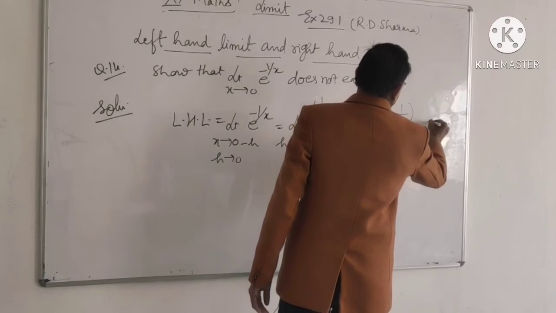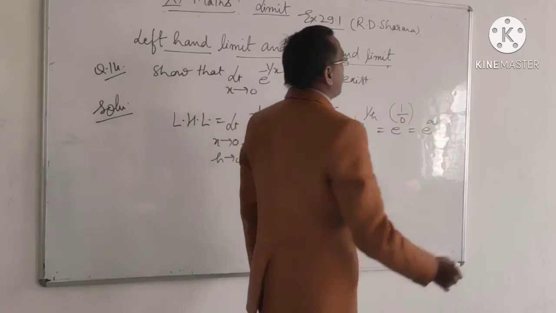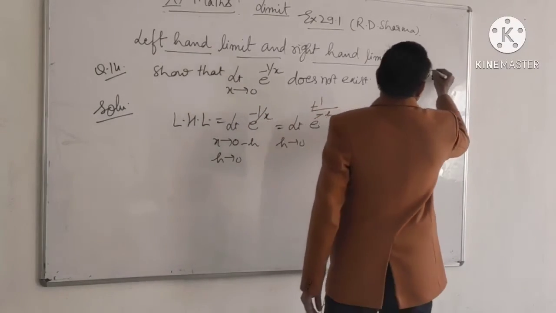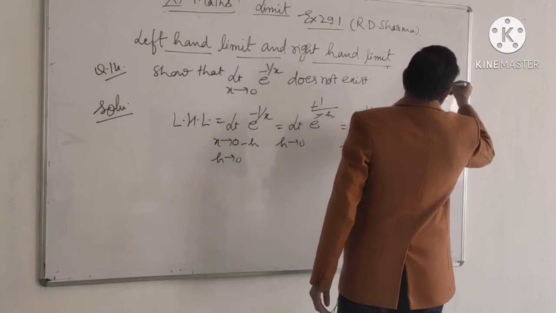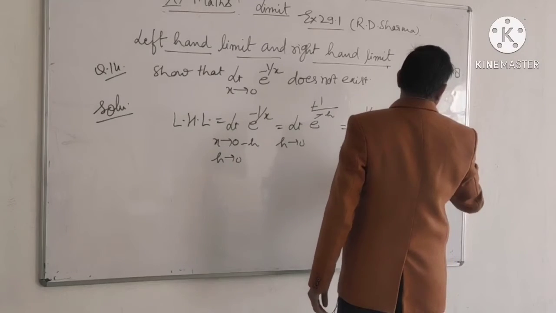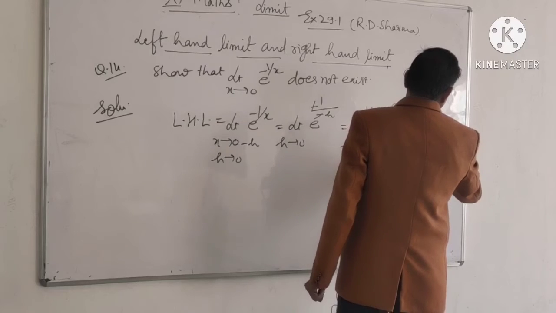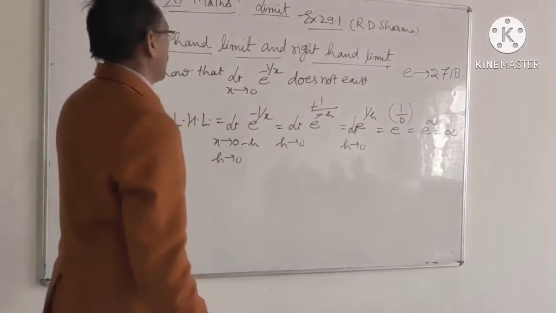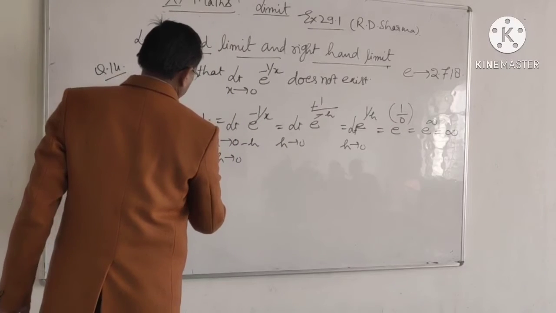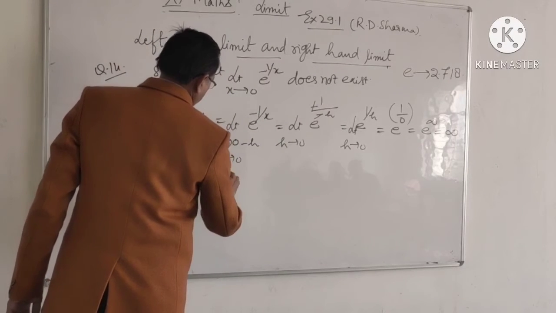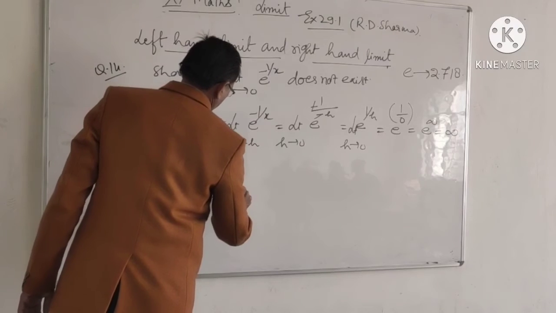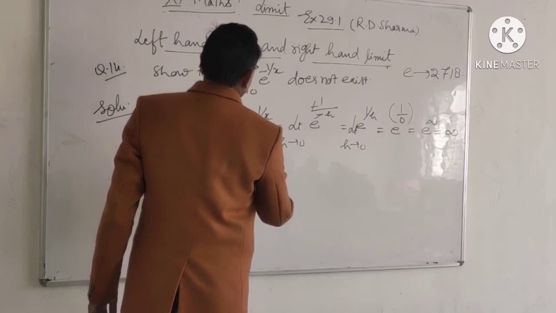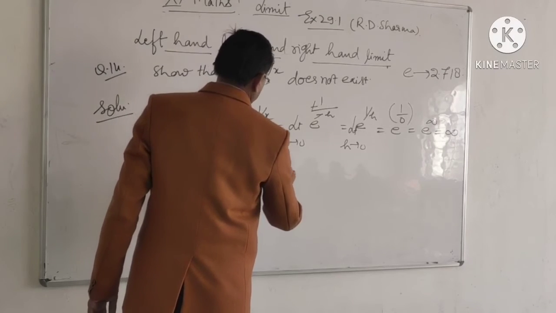E power 1 upon 0 is infinity. Since the value of e lies between 2 and 3, its approximate value is 2.71828 and so on, so it is more than 1. So this result is infinity. Now if we find the right hand limit, it is limit x tends to 0 plus h, h tends to 0, of e power minus 1 upon x.